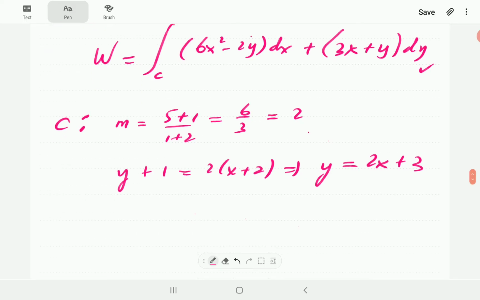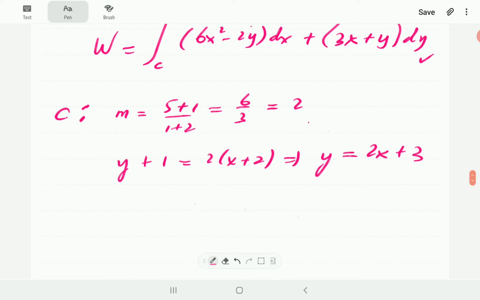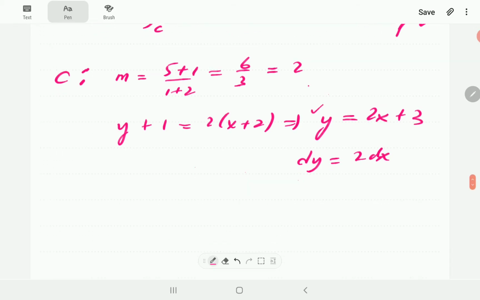For our purposes, we are going to look to express everything in terms of x. So from here, dy is going to be 2 dx, which we can plug in there. And then everywhere we come across y, we can express it in terms of x using that formula there.